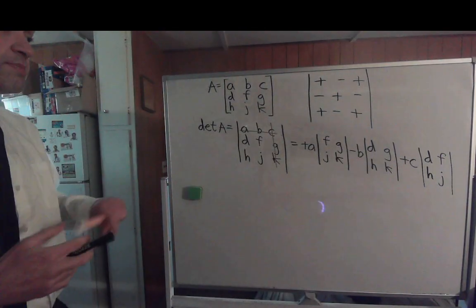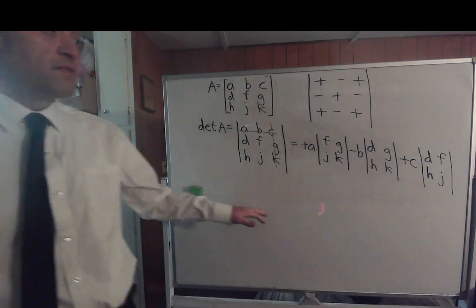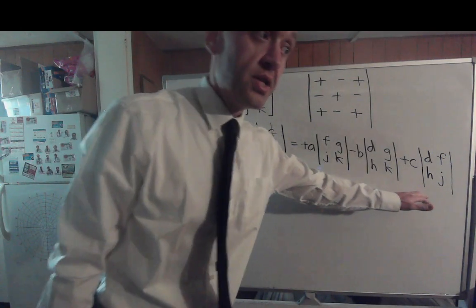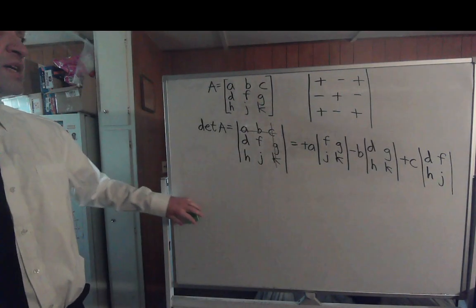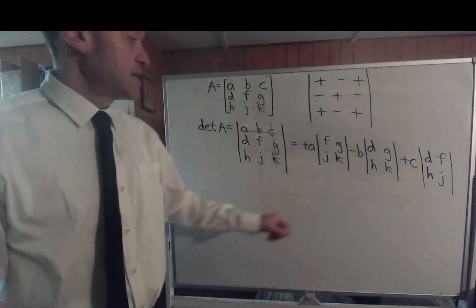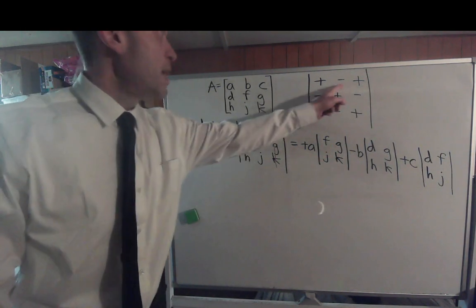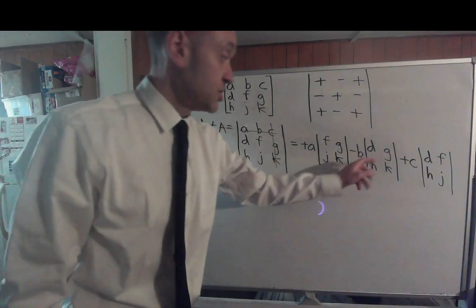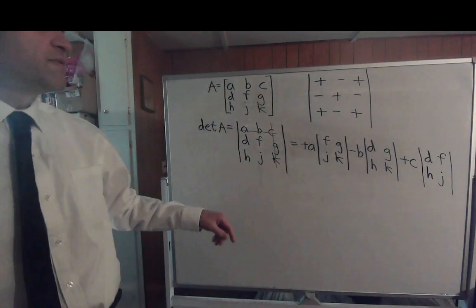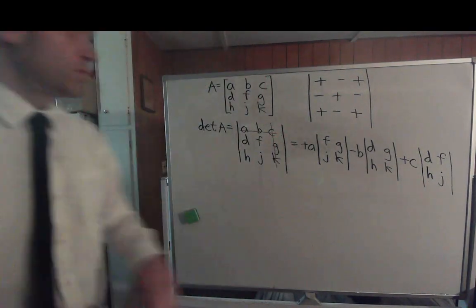So what you end up getting in the end is the sum and difference of three 2 by 2 determinants. So you would get positive A times the determinant of F, G, J, K minus B times the 2 by 2 determinant of what's left, and then plus C times the determinant of what's left.